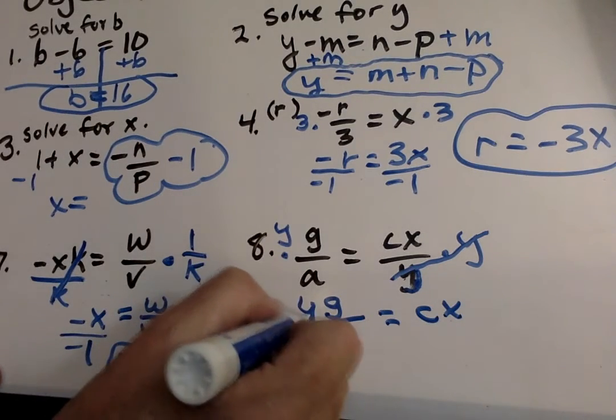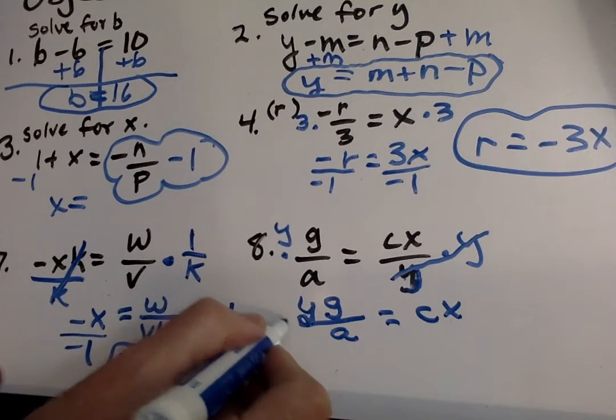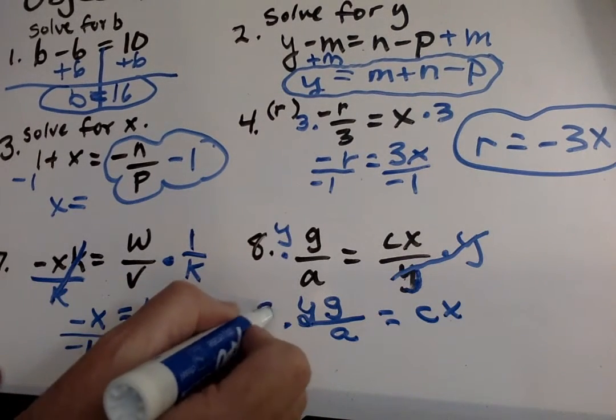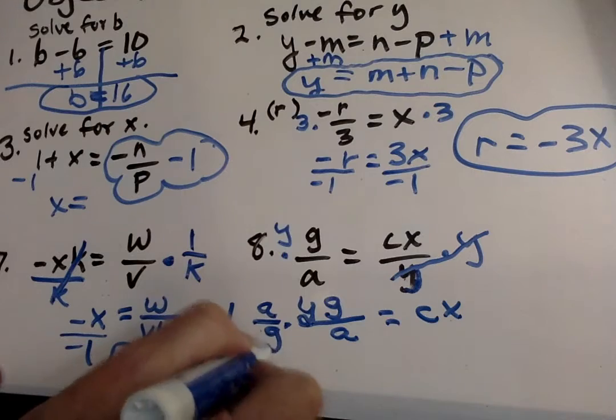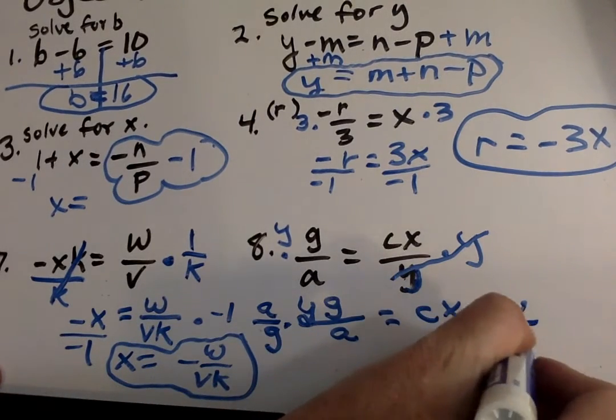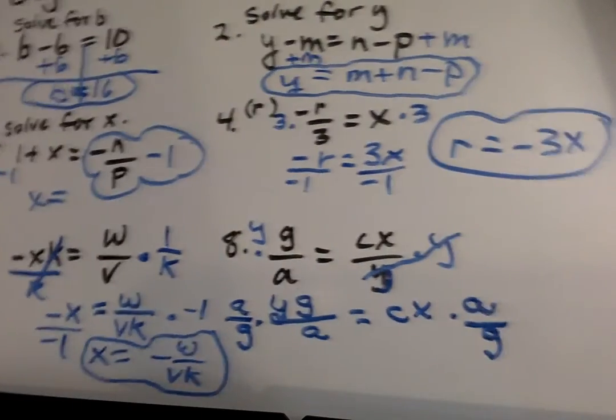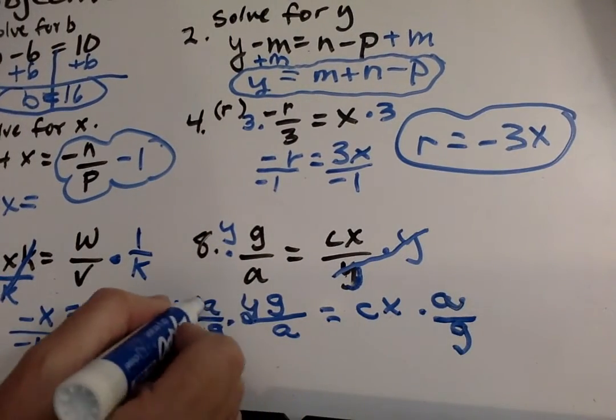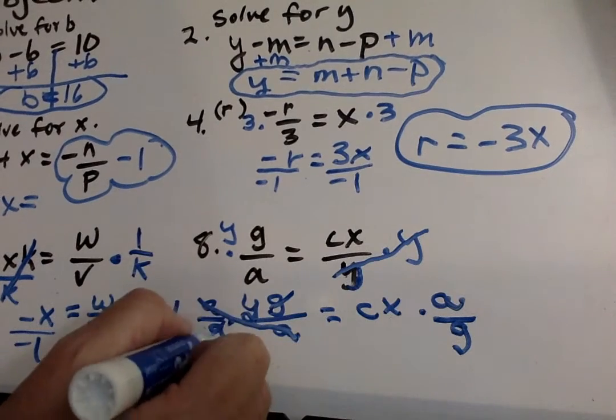Now I have a G divided by A, so I'm going to multiply by the reciprocal, A over G. And I know this is tricky. Okay, so I get y all by itself because the A's are gone and the G's are gone.